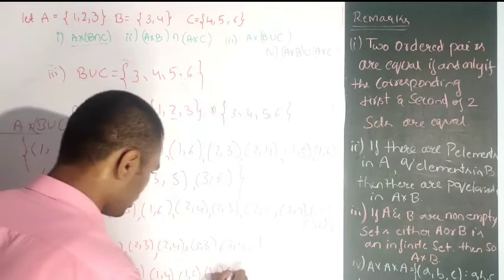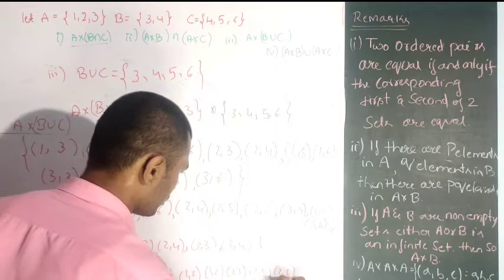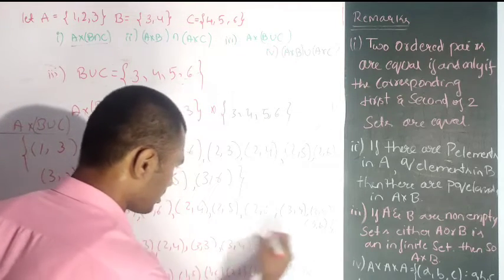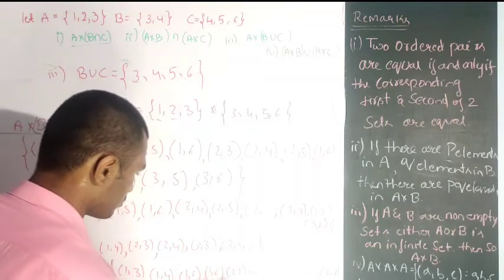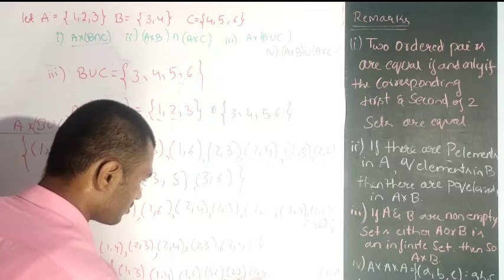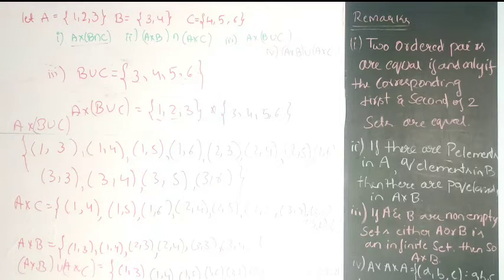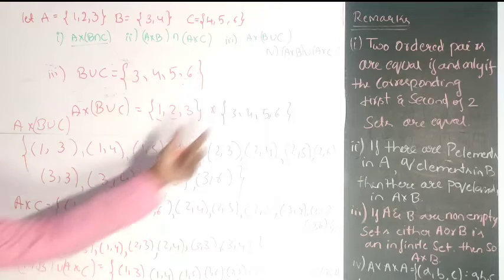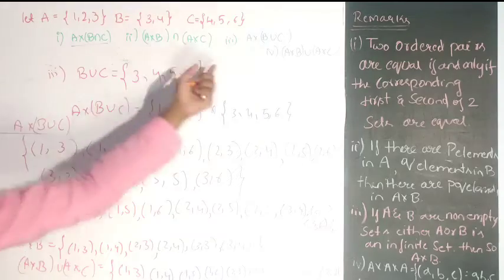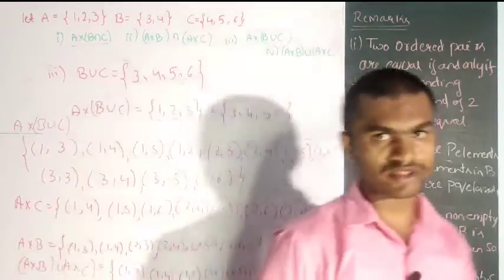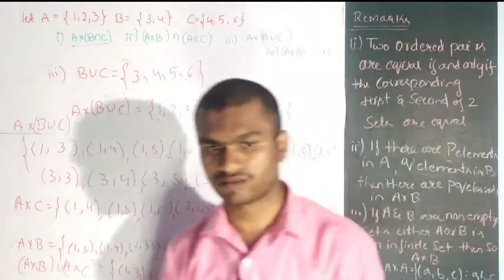Next 2, 3, 2, 4, 2, 5, 2, 6. Then 3, 3, 3, 4, 3, 5, 3, 6. So this is for the last fourth one, the solution for all the 4 things we have done.